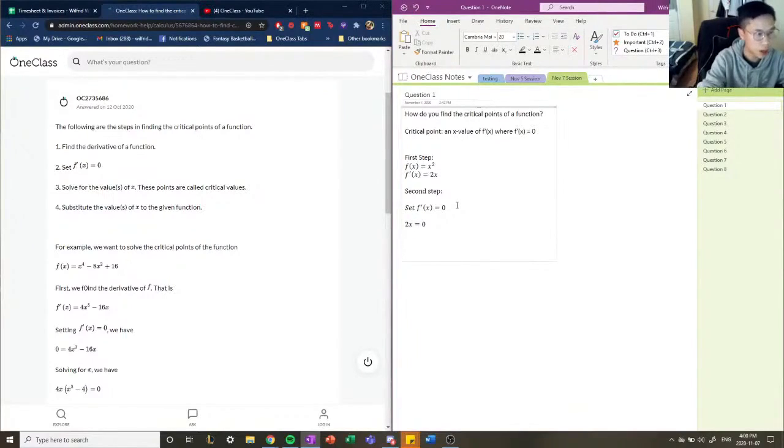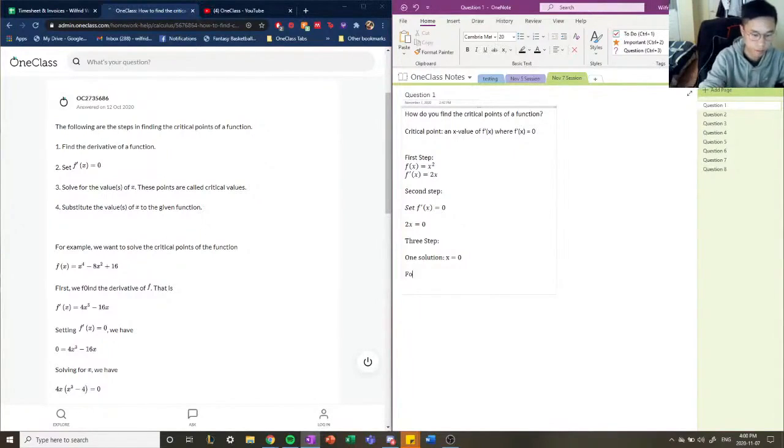The third step: solve for the values of x that make f prime of x equal 0. There's only one solution to this equation, and we know that x equals 0 when f prime of x equals 0. So one solution, and that is x equals 0. Finally, you want to substitute this value of x into our original equation, f of x, to find the resultant y value of where that critical point is.